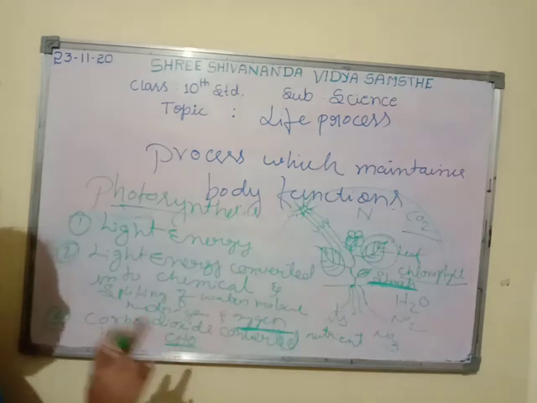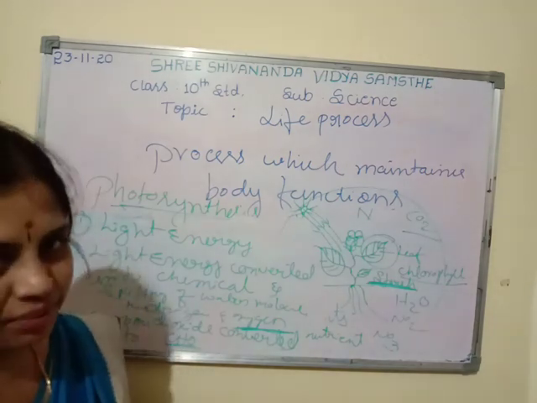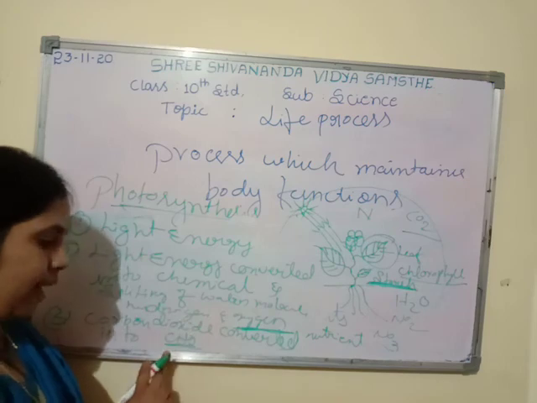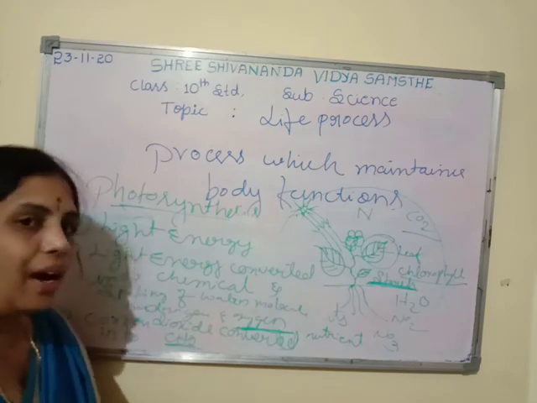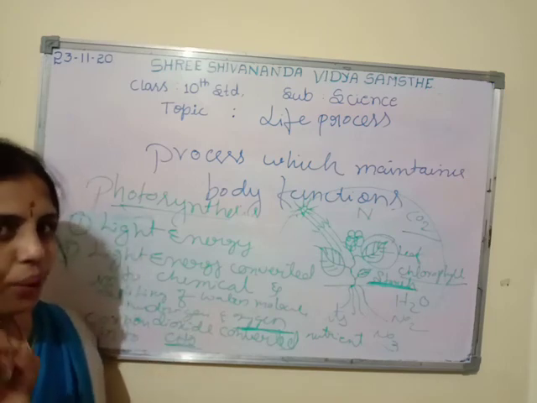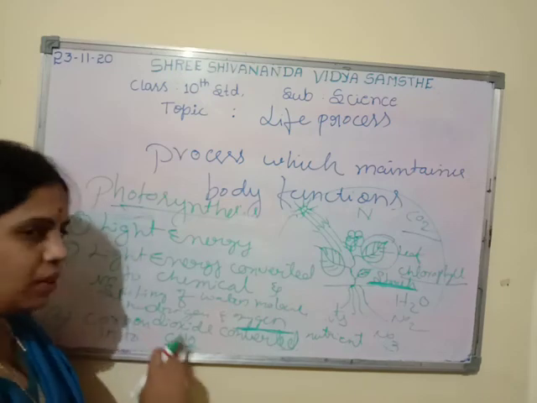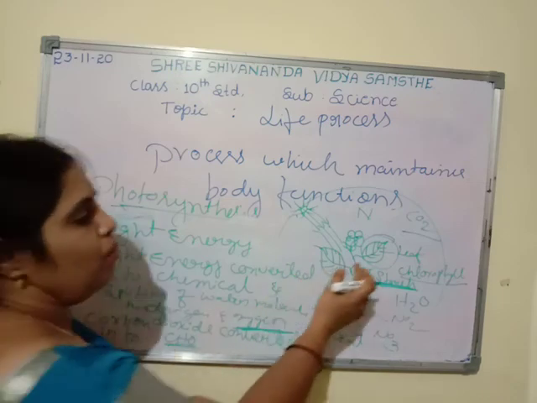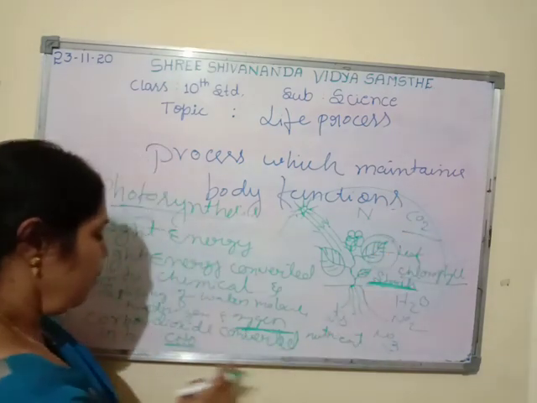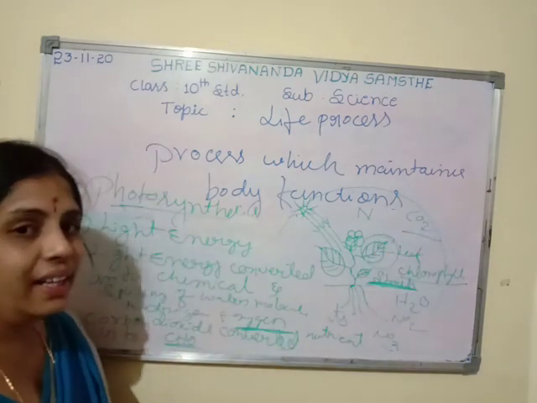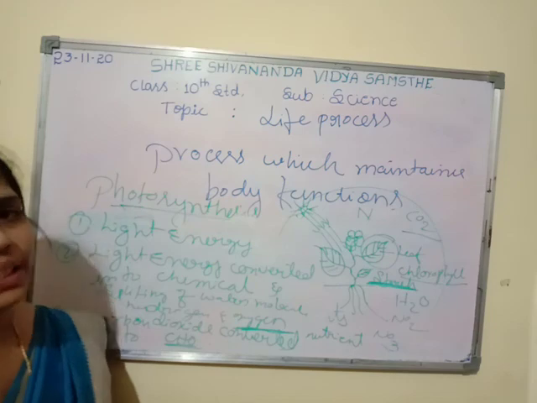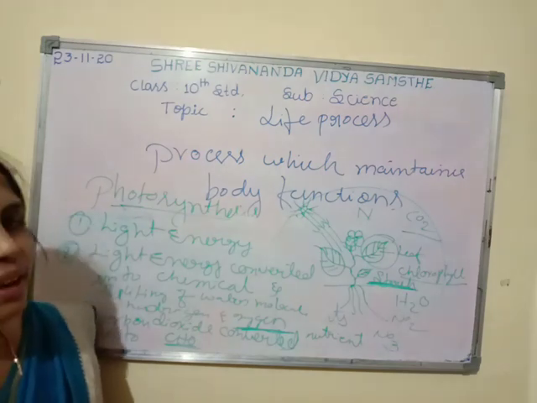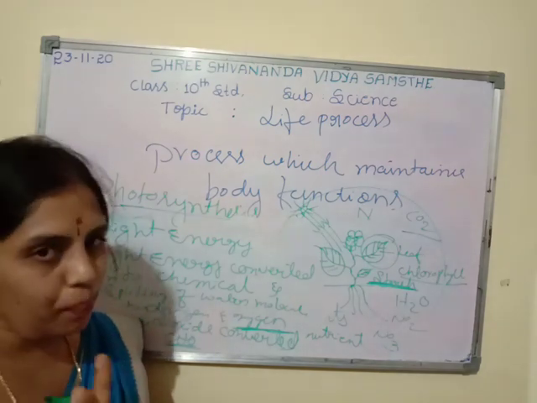It is carbohydrate. Carbon dioxide is converted into carbohydrate. Don't get confused here: carbon dioxide is a gas present in our atmosphere in the form of air, but carbohydrate is an energy giving component.